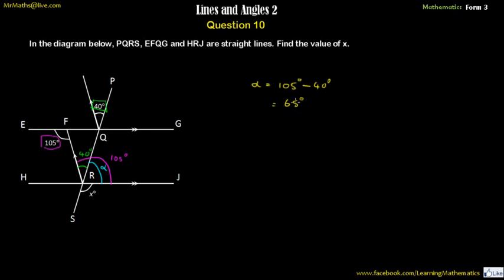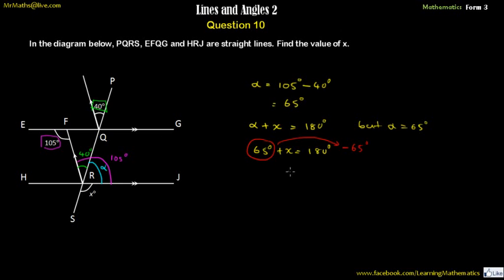And then alpha plus x is equal to 180 because they are supplementary angles. But alpha is 65. So 65 degrees plus x is equal to 180 degree. Moving 65 over to the left become minus 65.